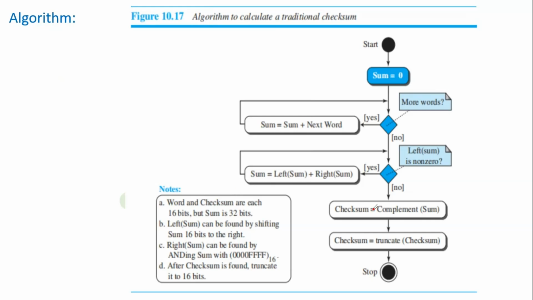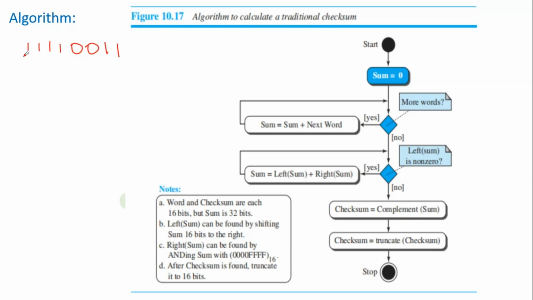To start with, suppose the sum we have already got is 1 1 1 1 0 0 1 1, for example after one's complement addition. This is 8-bit, but now we only want it as 4-bit. Here they have explained in 32 and 16; for our ease, I am making it 8-bit and 4-bit.